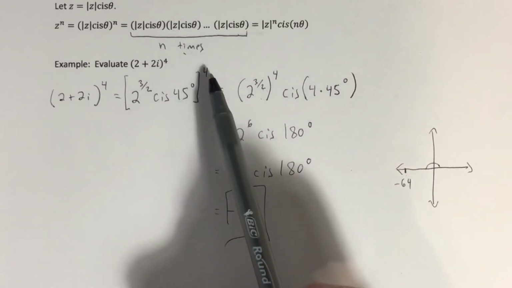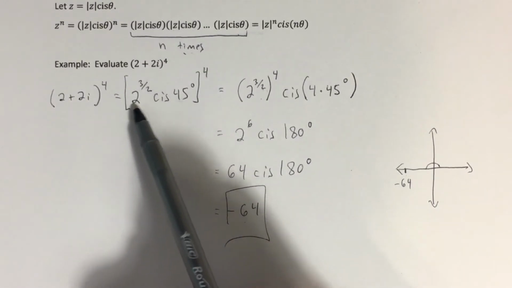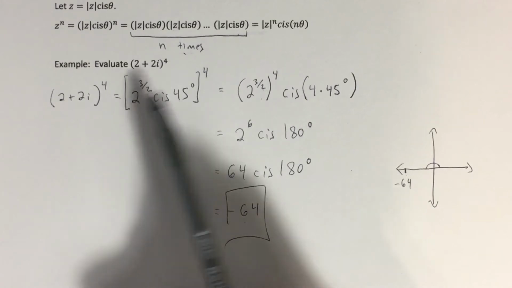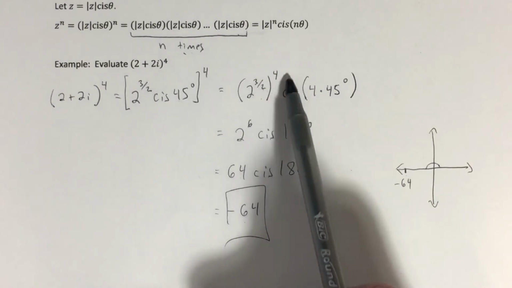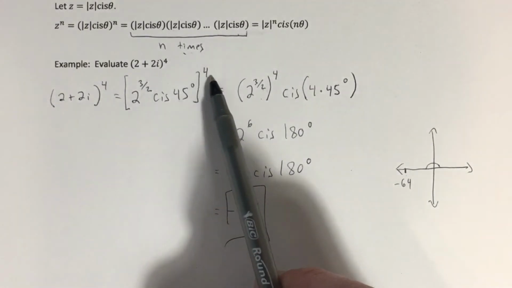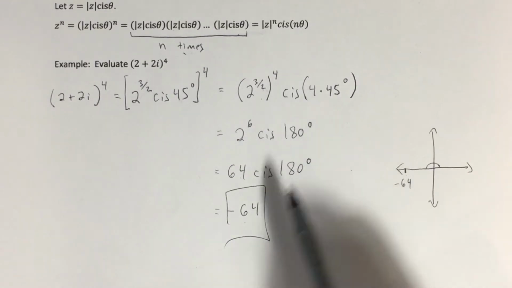And what De Moivre's theorem says is that we take our exponent, which is 4, and do two things with it. We raise this absolute value of z to the 4th power, so we're doing that here, 2 to the 3/2 to the 4th. And then we also take that 4 and multiply it to the argument, 4 times 45 degrees.